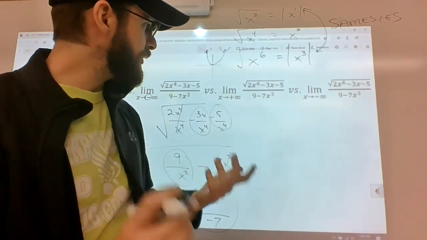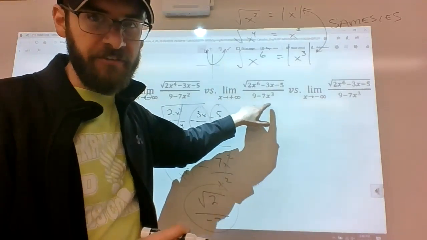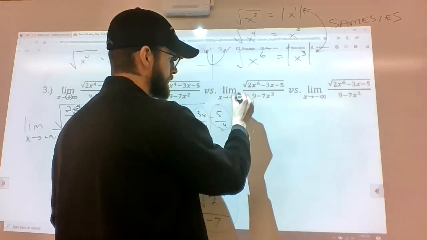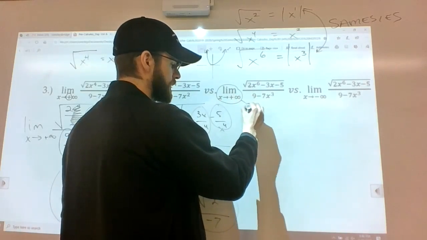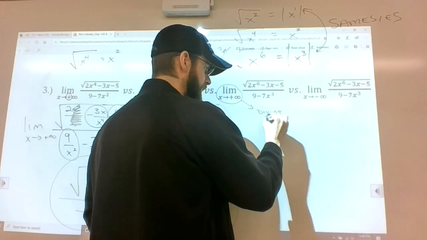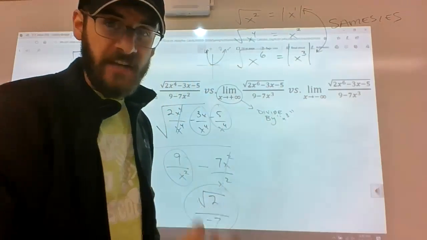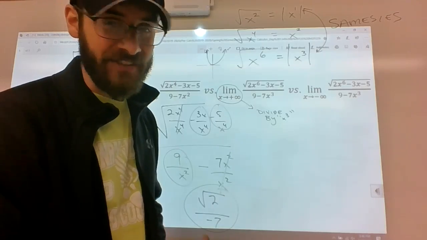Okay, so what you're going to do is, when it approaches positive infinity, you're going to divide by x cubed, and on the top, divide by root x to the 6.